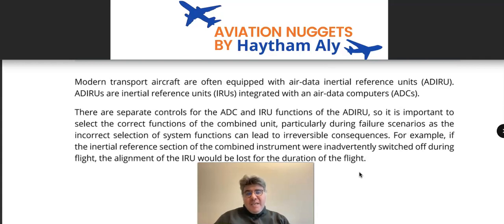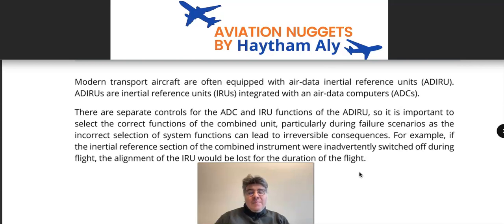Today we are going to speak about the ADIRU, Air Data Inertial Reference Unit. Modern airliners do have what is called ADIRU. It is an air data computer and an inertial reference computer integrated in one unit. The air data computer processes air data parameters.